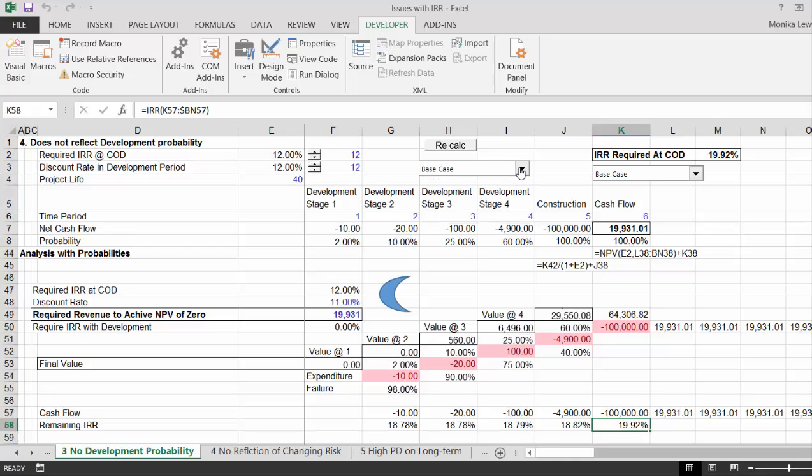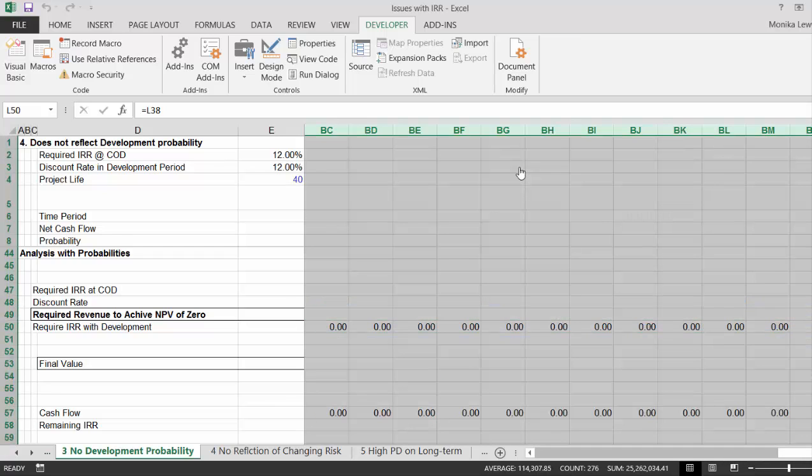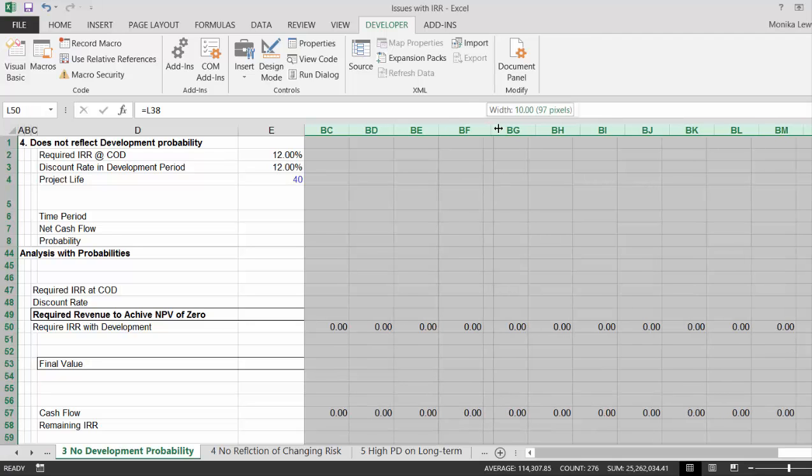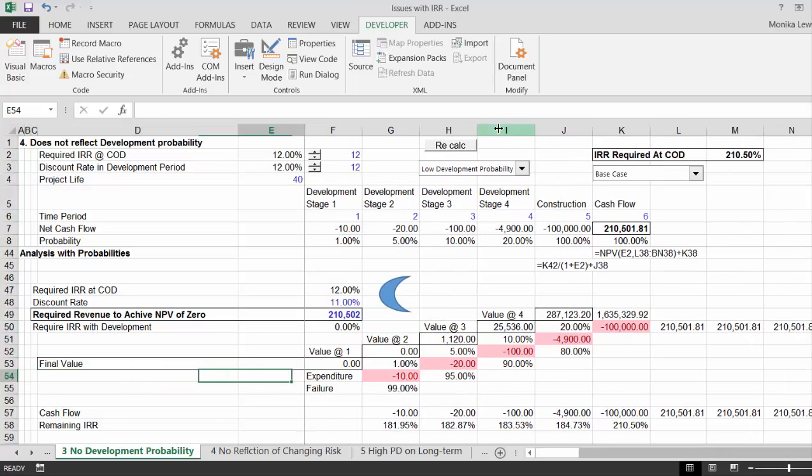And then if we have a low development probability, now, I don't know why that is so high. We need an enormous rate of return because our probability is so low to get to the last stage, and it's this one that really kills you.